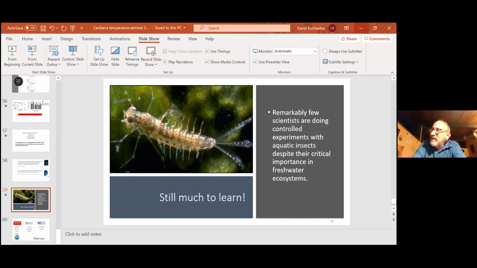We also wanted the average temperatures to map back to what we had done on the static exposures, so we could lay them right on top of each other and ask how the way that the animal experiences temperature affects its development and biology. Yeah, that was the rationale there.